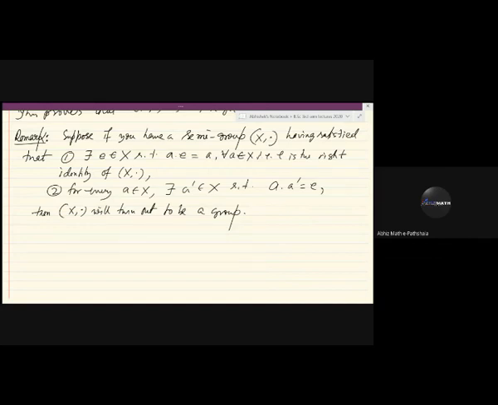So you do not need to have both the conditions. It is enough to consider only just one-sided properties. That means an algebraic system is said to be a group if it is associative, if it has right identity, and for every element it has right inverse. Then you can say that this algebraic system is a group.